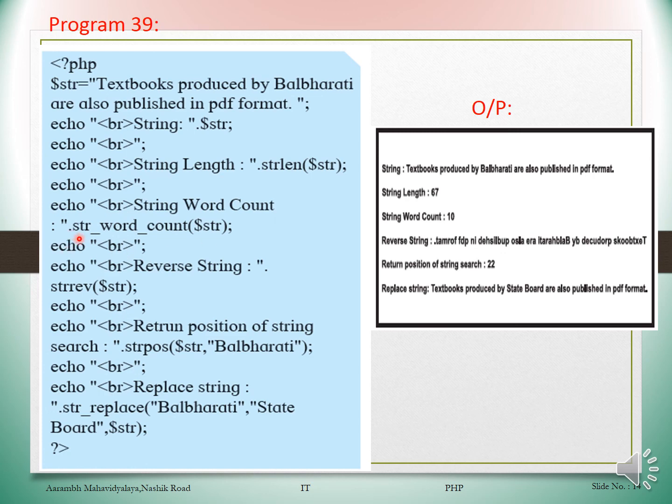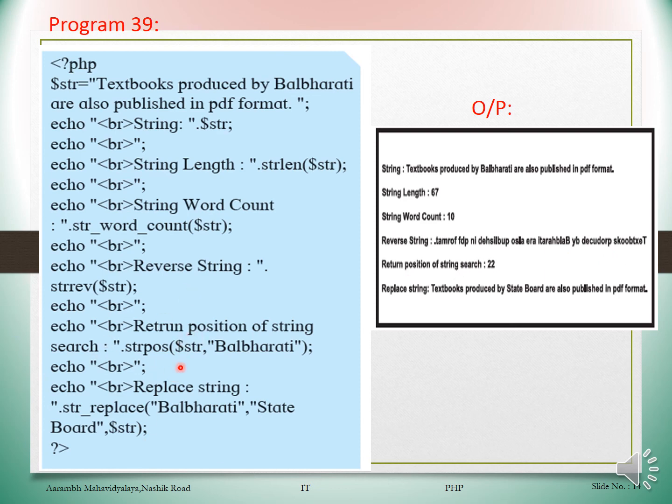The function used is str_word_count of the provided string, and a total of 10 words are provided: 1, 2, 3, 4, 5, 6, 7, 8, 9 and 10. Then reverse string. In reverse string, the provided string gets displayed completely in reverse format. You can read from this side, then you may read it.